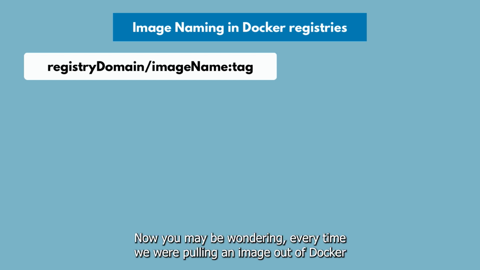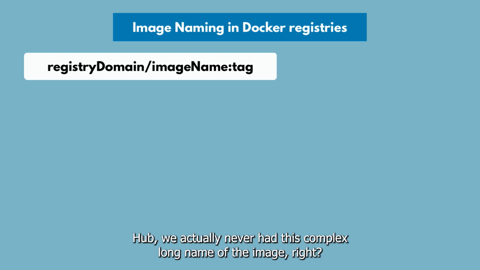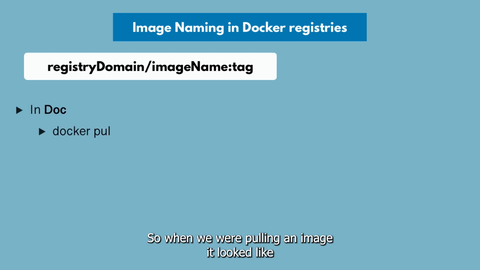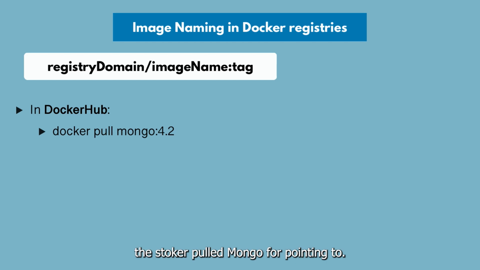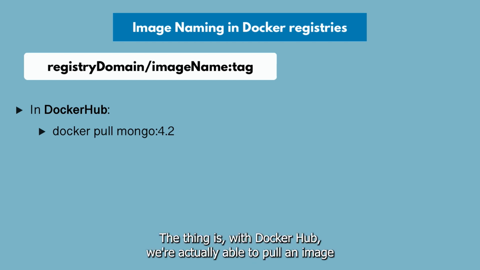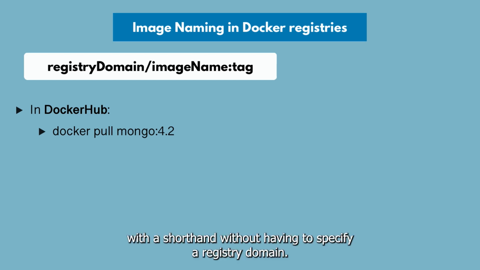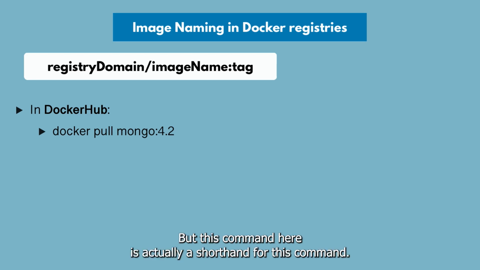Now you may be wondering, every time we were pulling an image out of Docker Hub, we never had this complex long name of the image, right? When we were pulling an image, it looked like this: docker pull mongo:4.2. The thing is, with Docker Hub, we're able to pull an image with a shorthand without having to specify a registry domain. This command here is actually a shorthand for this command.